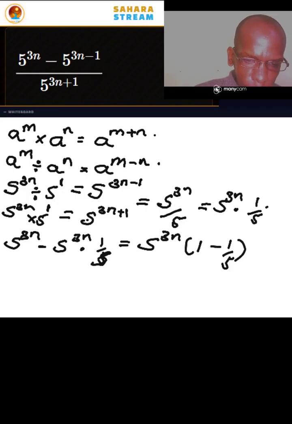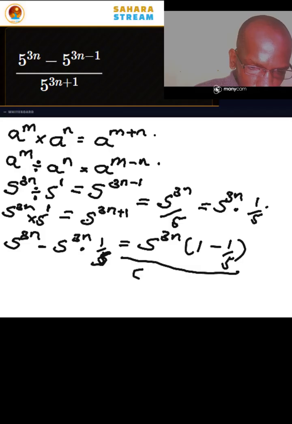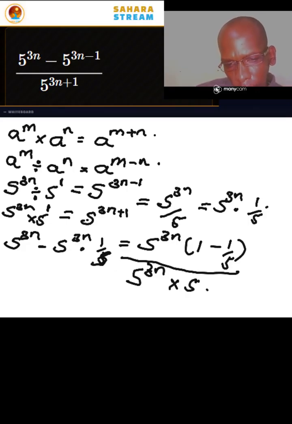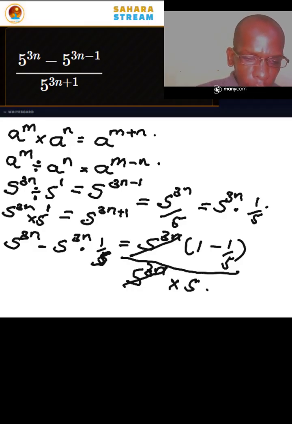Then we divide it by our denominator, which was 5 raised to power 3n multiplied by 5 raised to power 1. But 5 raised to power 1 is just 5. Now you see this 5 raised to power 3n and this 5 raised to power 3n are common on both sides, so we can cancel them. And now we remain with 1 minus 1 over 5, then divided by 5.